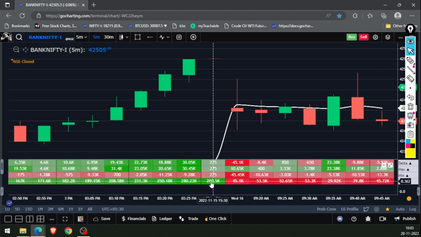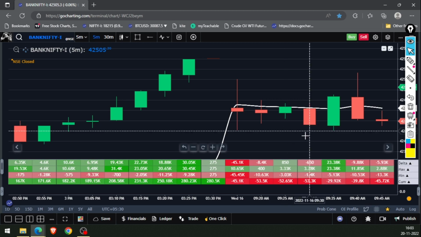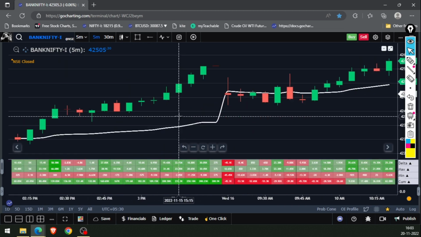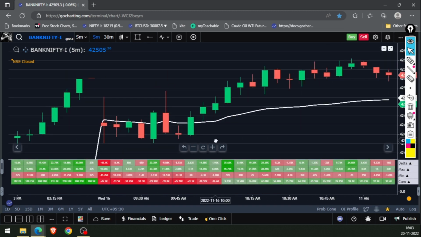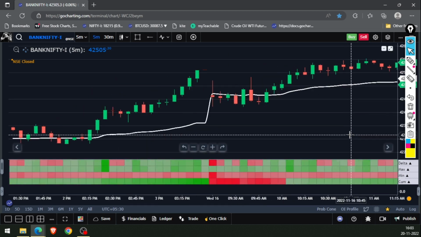The previous day's cumulative delta was 280k, and where the day started, the first delta was 45k. It is added on top of the previous delta, and it keeps adding. This is called cumulative delta. It defines overall who is controlling the market, and there are some views we are going to build based on this. Okay, this is all about cumulative delta.